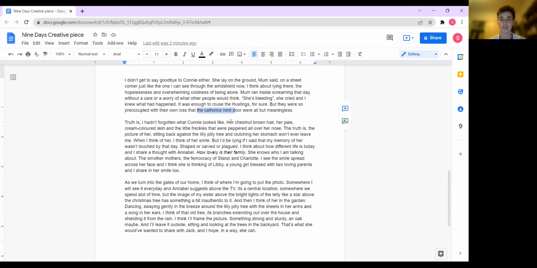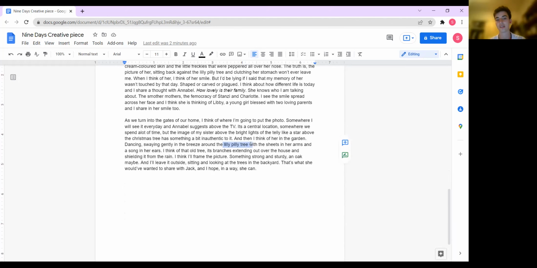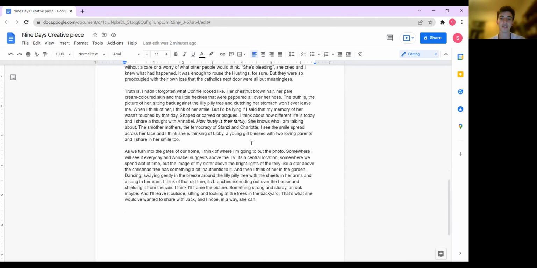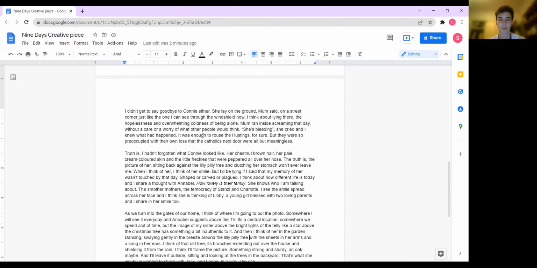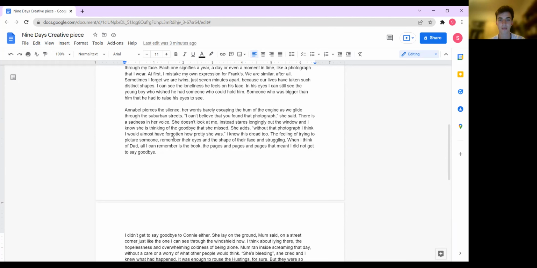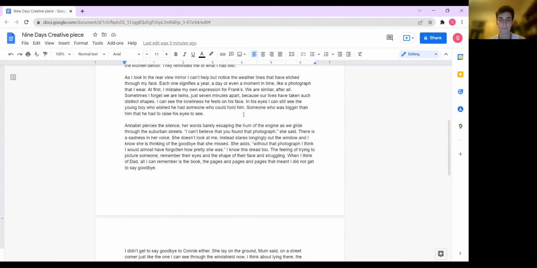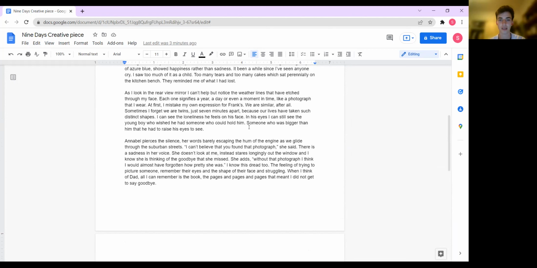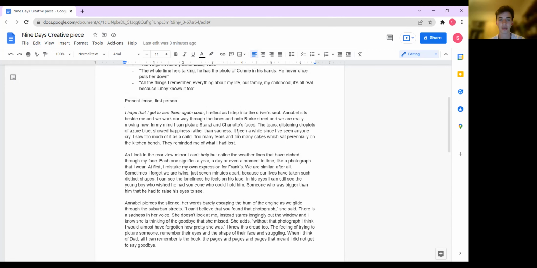Perhaps you're hinting at a religious sectarianism here. And then finally, some of the symbols, so the lily-pilly tree and the photograph, you might discuss how we've called upon that. Make sure that you explain any metaphors or similes that you've used. So I think we used a couple of them. Let's see if I can find one. I think there was one at the start here somewhere.